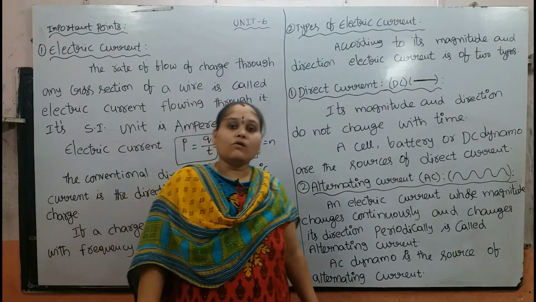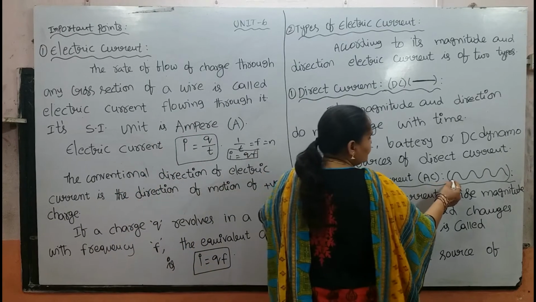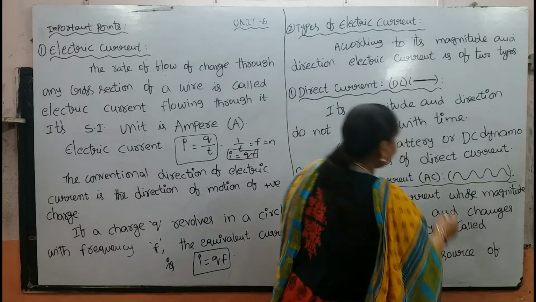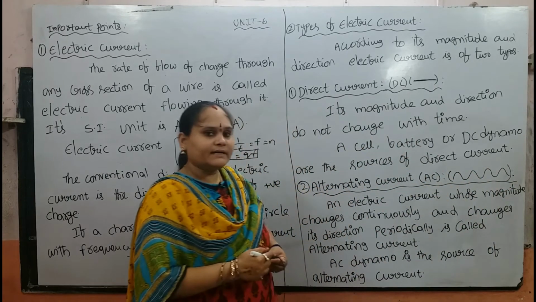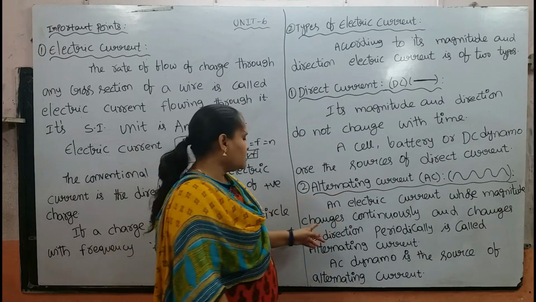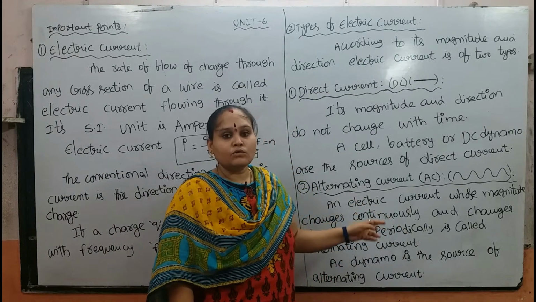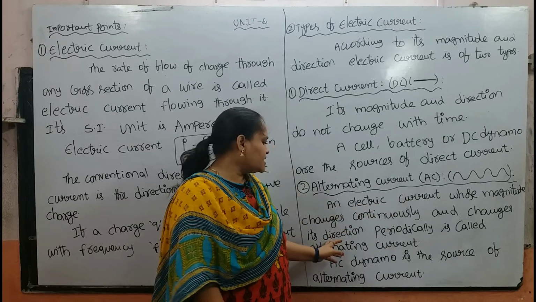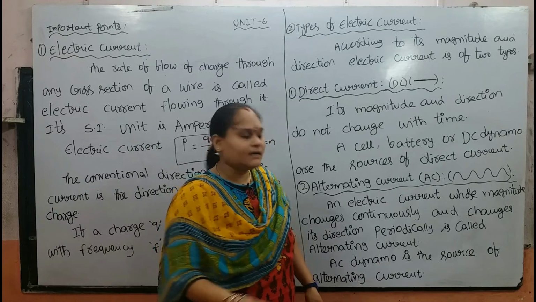Next is the alternating current, AC. An electric current whose magnitude changes continuously and changes its direction periodically is called the alternating current.